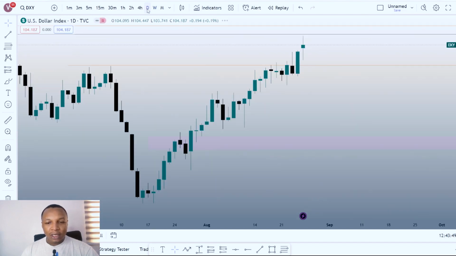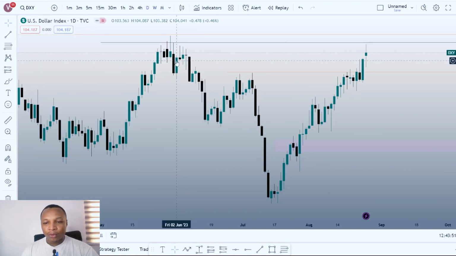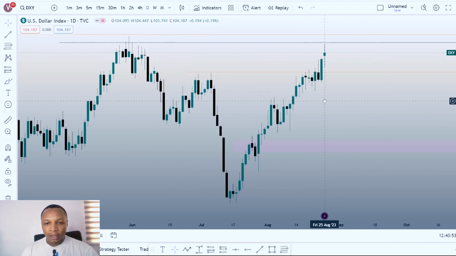On the daily time frame, we've always been bullish on the daily for the dollar. Look at the region which we marked on the weekly, and on the daily time frame, price is also showing it. So we're seeing expansions on the daily time frame. Now this expansion that broke above this high gave us a quick retracement right here, and after this retracement, we're expecting to see the dollar go back up.